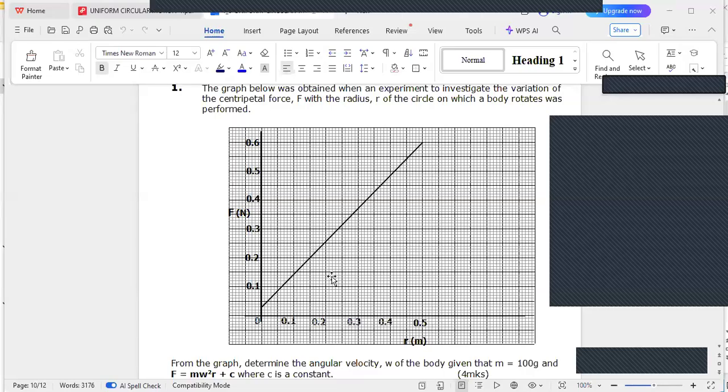That's one of the coordinates that will not give you problems. I can see another one, 0.5 and 0.6. So I have two coordinates, 0.2, 0.2 and 0.5, 0.6.